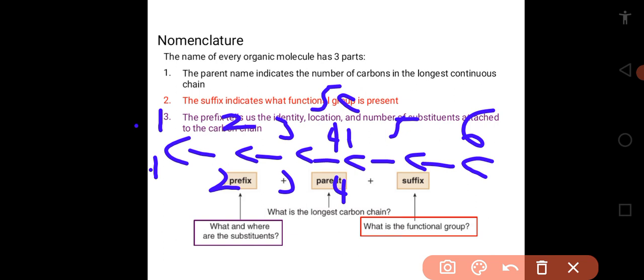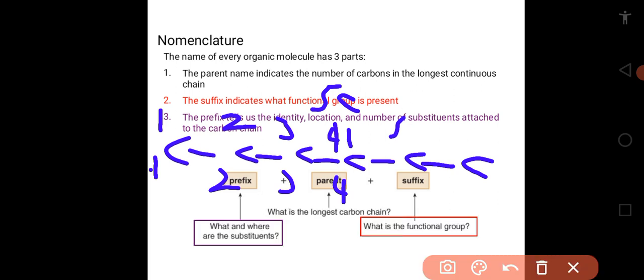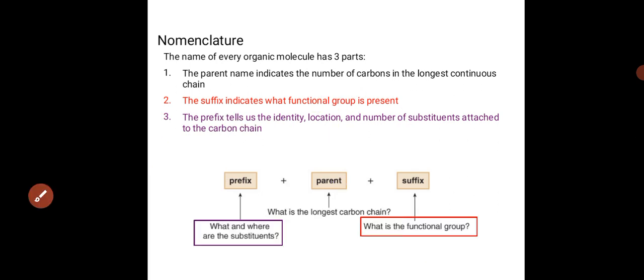Is that clear? That is the parent chain, and the suffix is the functional group. Because all the carbon to carbon bonds are single bonds, the suffix will end with ane, so it's an alkane.